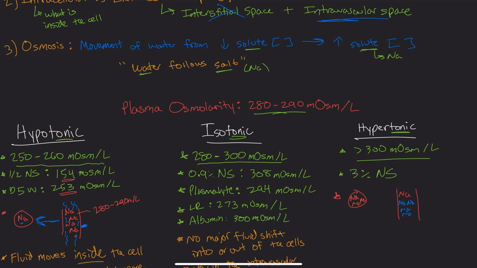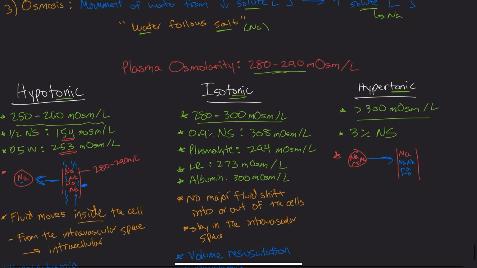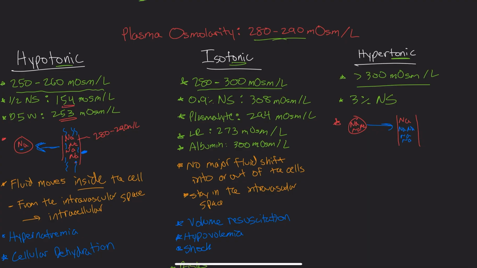If there's more salt in the blood vessel, fluid would follow from the cell into the blood vessel, right? So that's the big thing here with hypertonics. Now, fluid moves into the intravascular space, that is from the intracellular space.